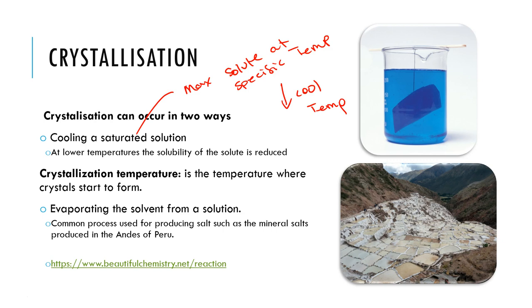Depending on how quickly it does this, the crystals will appear to grow slowly or very quickly, and that will determine the size of the crystals. So by lowering the temperature, the solubility of the solute is reduced, and we see that extra solute coming out of solution in the form of crystals.